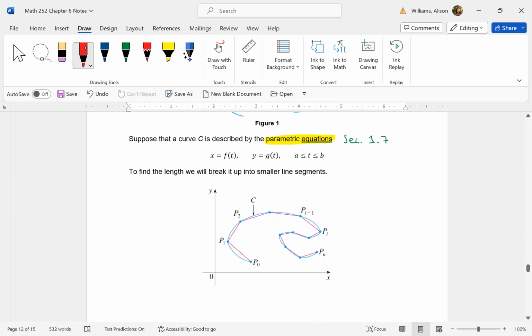So what do we do? We do what we've been doing over and over again. We're going to break it up into smaller geometric figures that we're more comfortable with. Okay. In this case, we're going to do line segments. Now, if I wanted to find the length of a line, that's super old school. That is the distance formula.